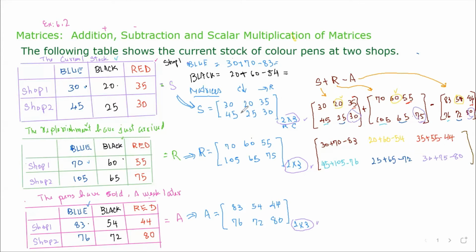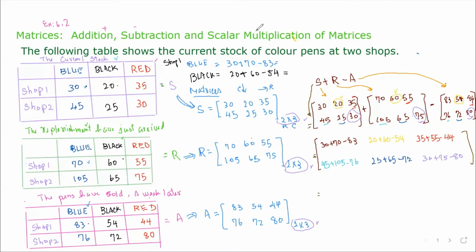Let's check: 30, 70, 83, 20, 60, 54, 35 plus 55, 44, 45 plus 76, 25 plus 65 minus 72, 30 plus 70, take out 80. Okay, now from this one, just like an equation, finally you're gonna get the answer.